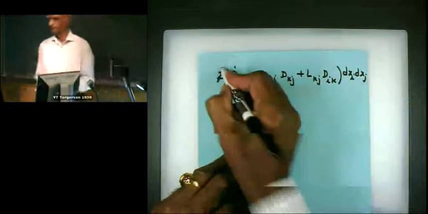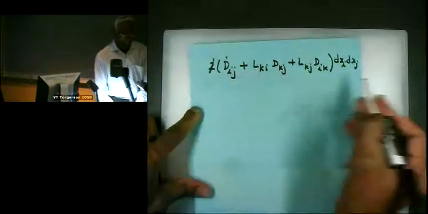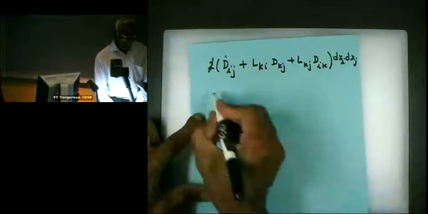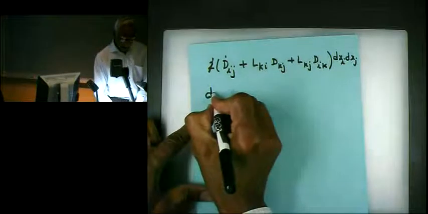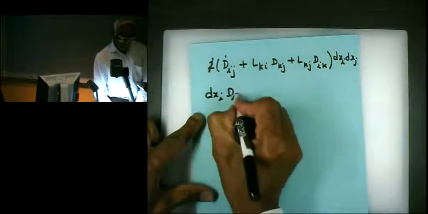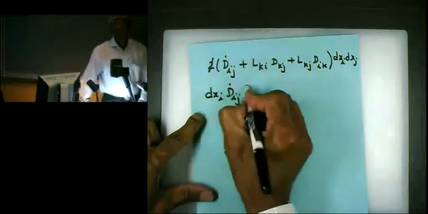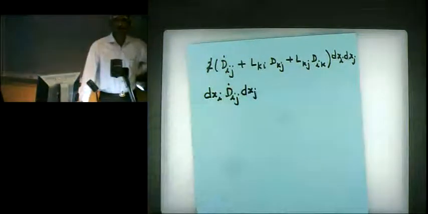Write this in the matrix notation. So the first, if you look at dij dot dxi dxj, we can write that as dxi dij dot dxj. That's the first term, right?